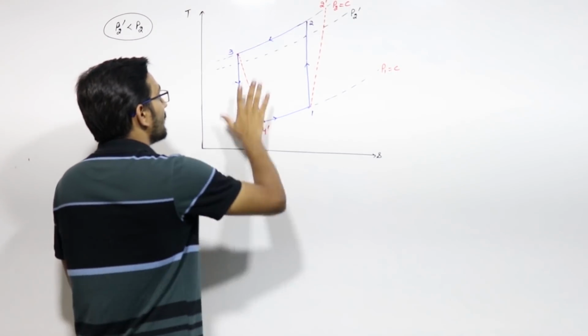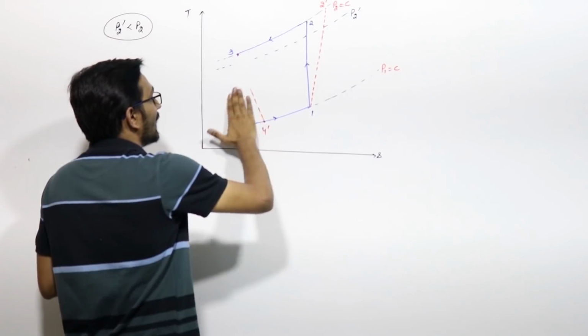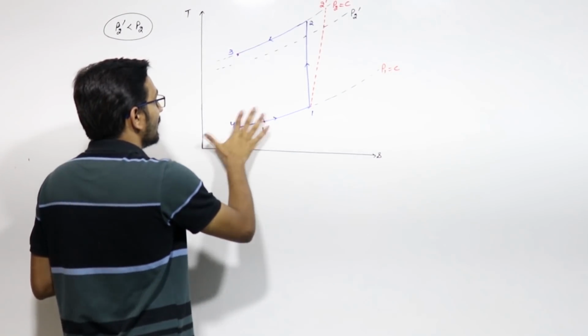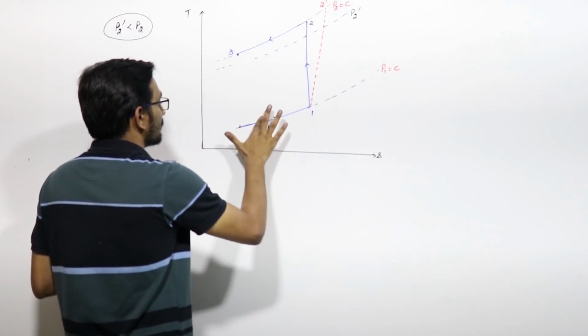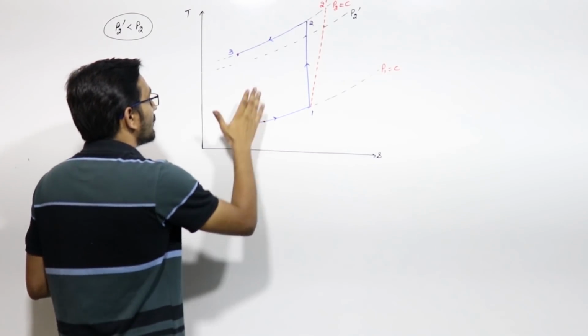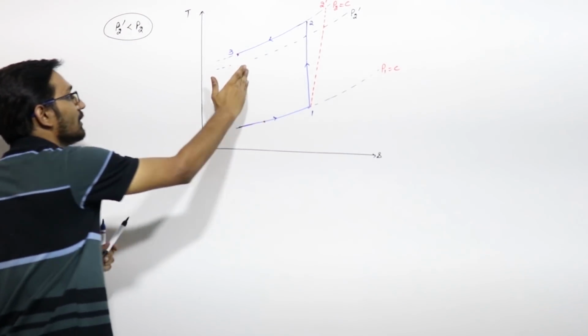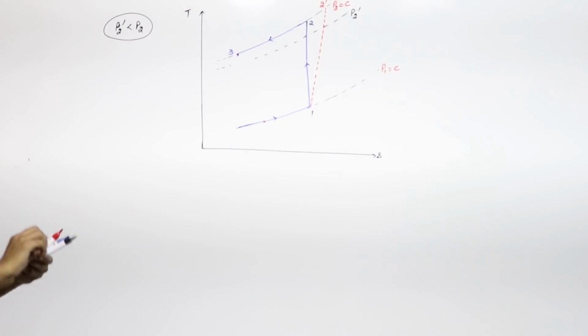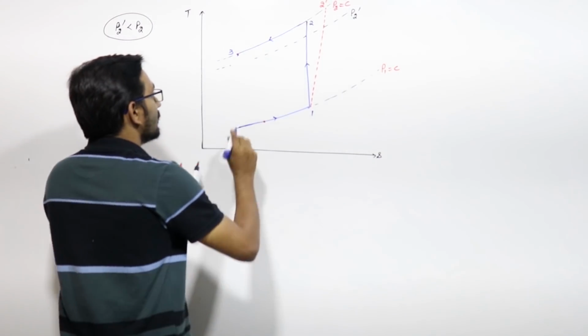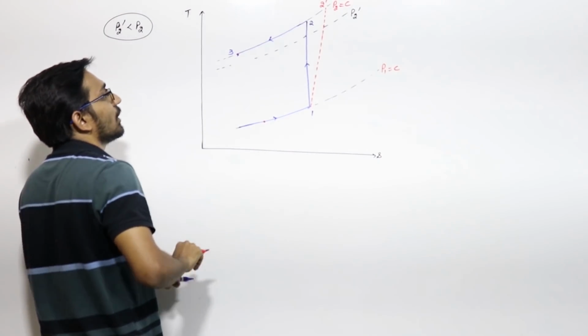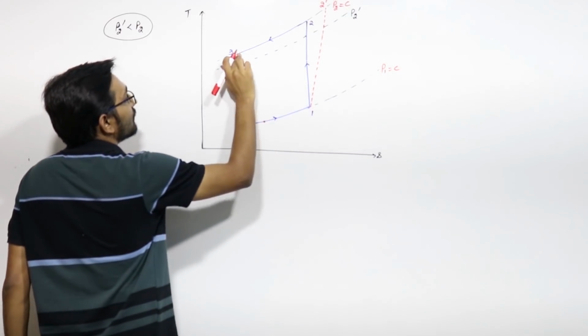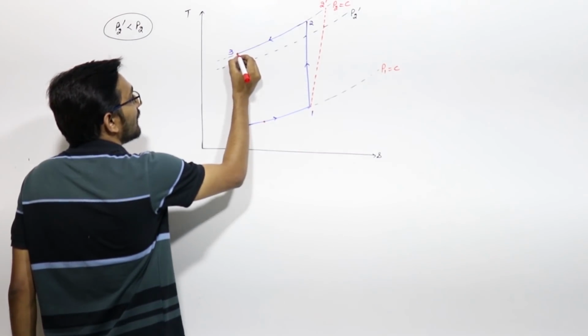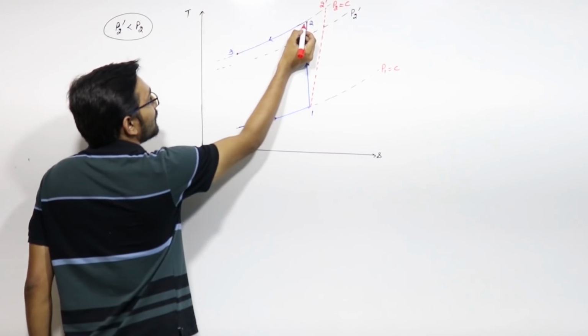Now, if I rub this, I'll explain it in a better way. I'll rub it. We'll draw the process one by one so that you will be able to understand clearly. Now this process 2 to 3 will become here, now the process will be like this.